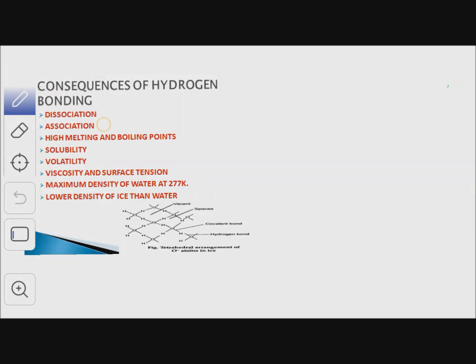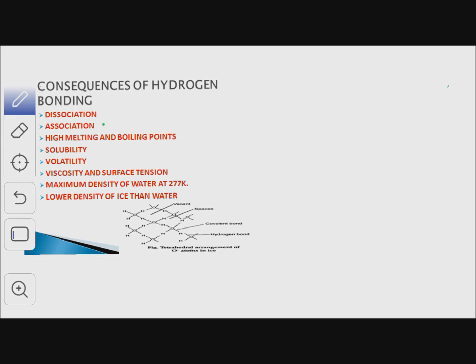And the molecular mass of such compounds which exist as a dimer in the solution doubles the expected or calculated value. This is due to the formation of hydrogen bonding.